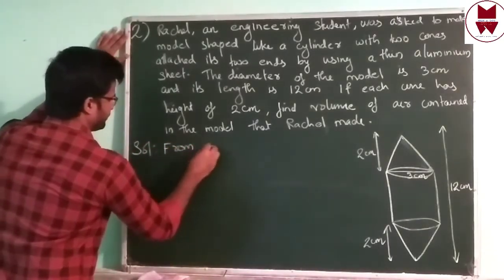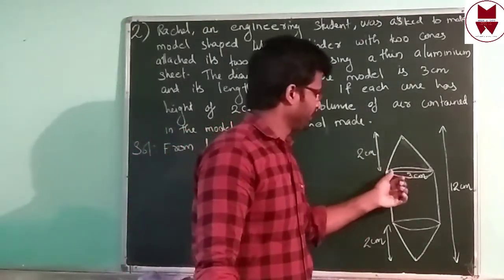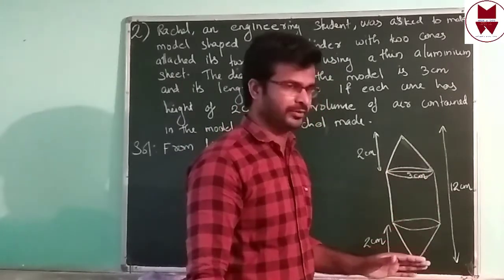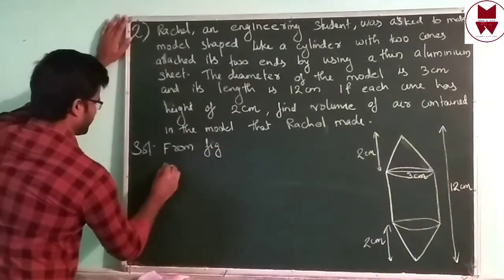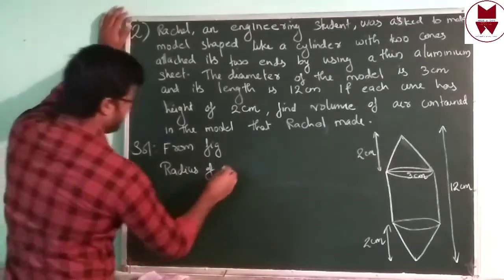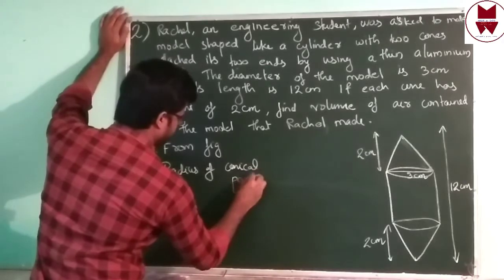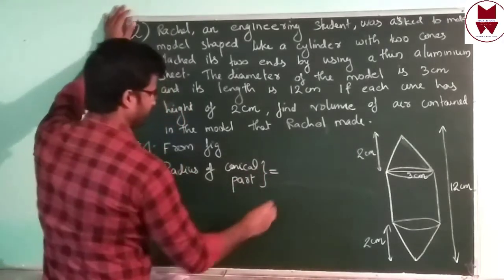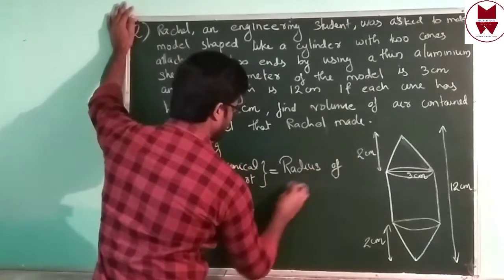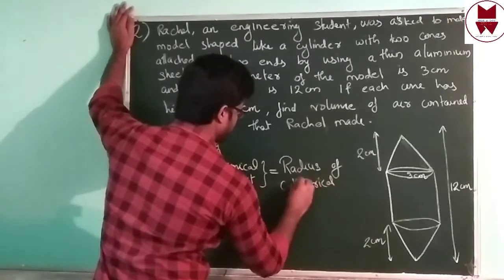From this figure you can understand the radius of the cone and the radius of the cylinder will be equal, isn't it? Then radius of conical part equal to radius of cylindrical part.